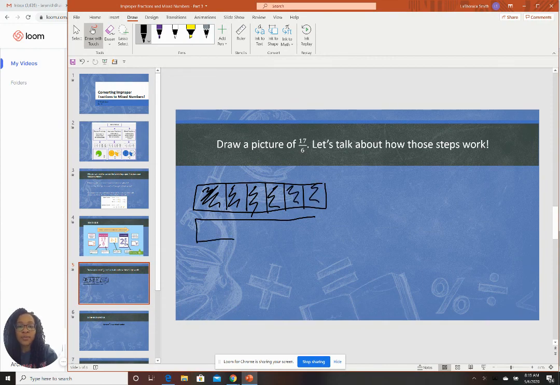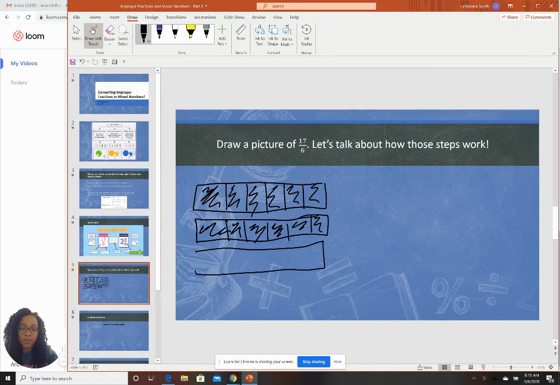Okay, we have to do another one because that's not up to 17 yet. 1, 2, 3, 4, 5, 6. 7, 8, 9, 10, 11, 12. Are we at 17 yet? We are not. So we have to do one more. 1, 2, 3, 4, 5, 6. So we had 12, 13, 14, 15, 16, 17.